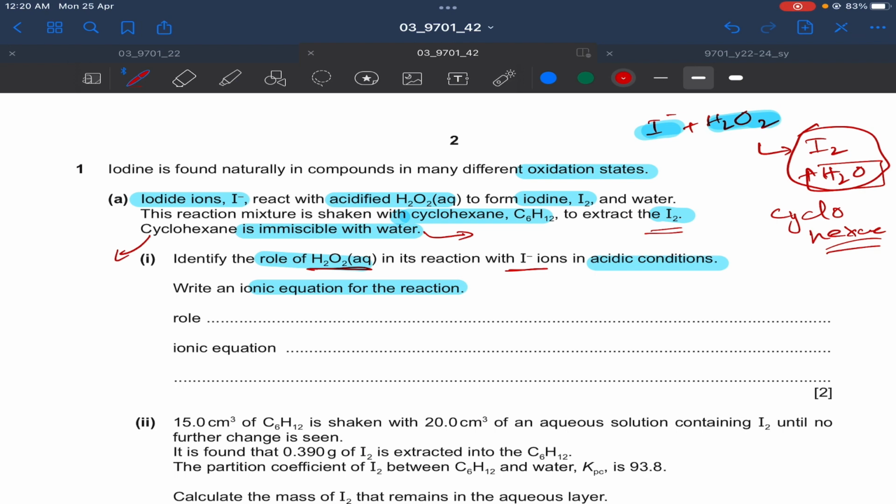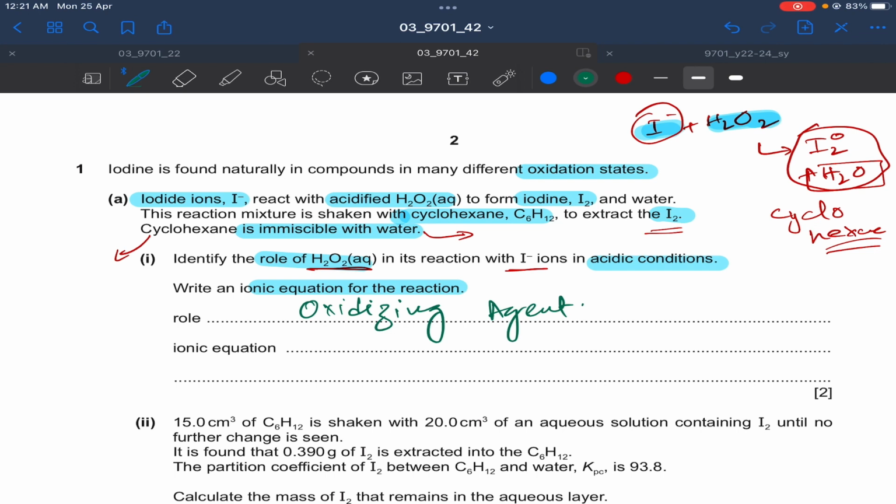So first of all, I think this is very obvious that hydrogen peroxide is acting as an oxidizing agent because the oxidation state of iodide changes from -1 to 0. So H2O2 is acting as an oxidizing agent, right?